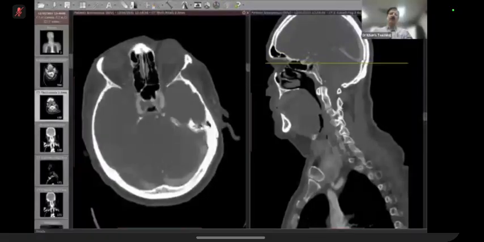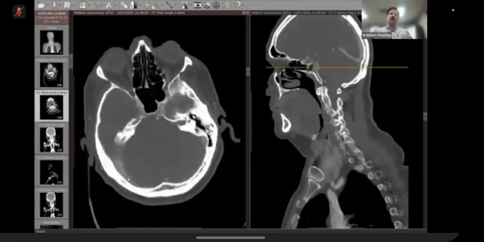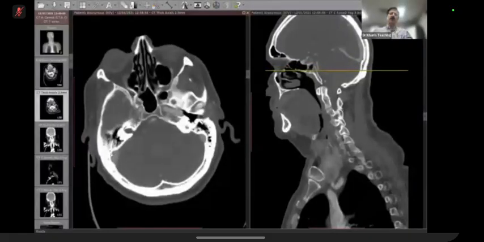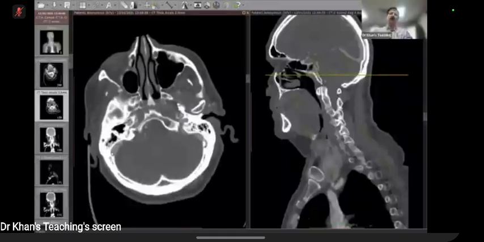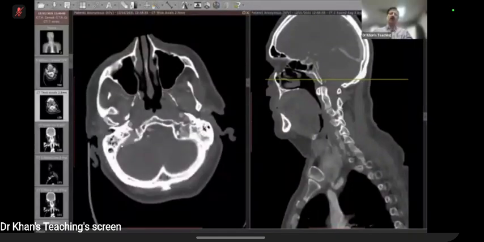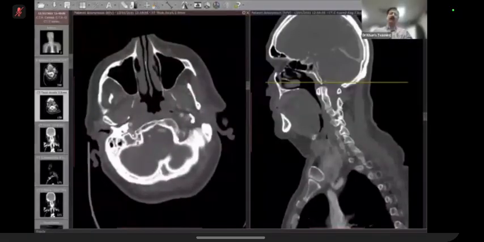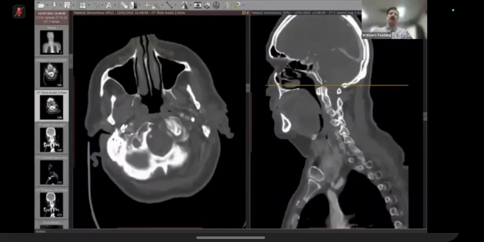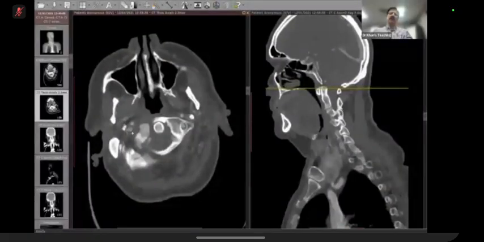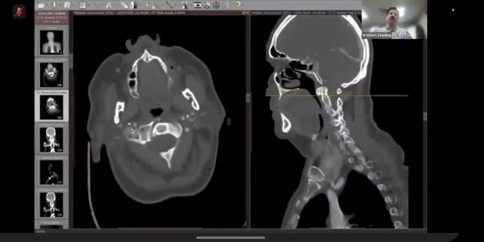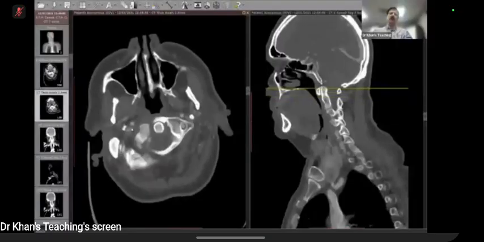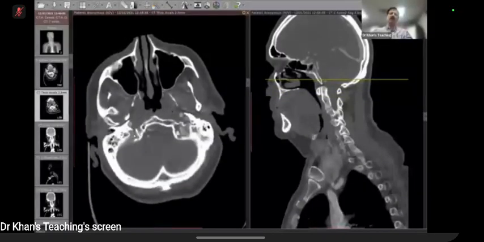And then it divides into the transverse sinus. Now it goes here. This is the sigmoid notch. And then it passes down. And now it has to come out. So it will come out through the jugular foramen. And it then passes into the neck. And here, this is the carotid space where we can see it.